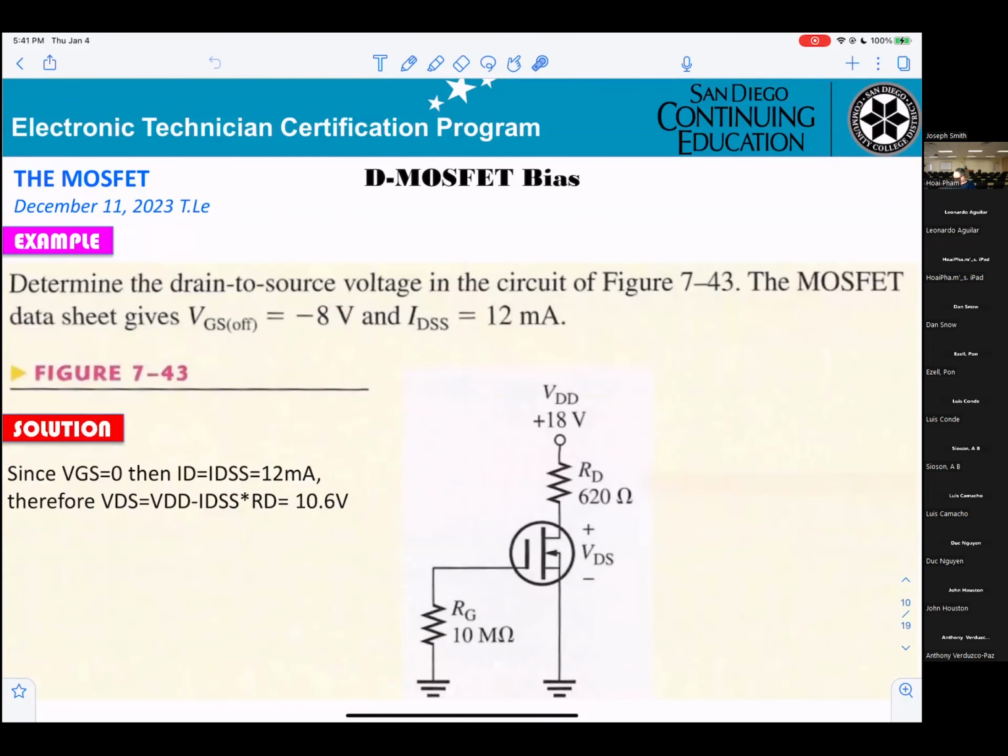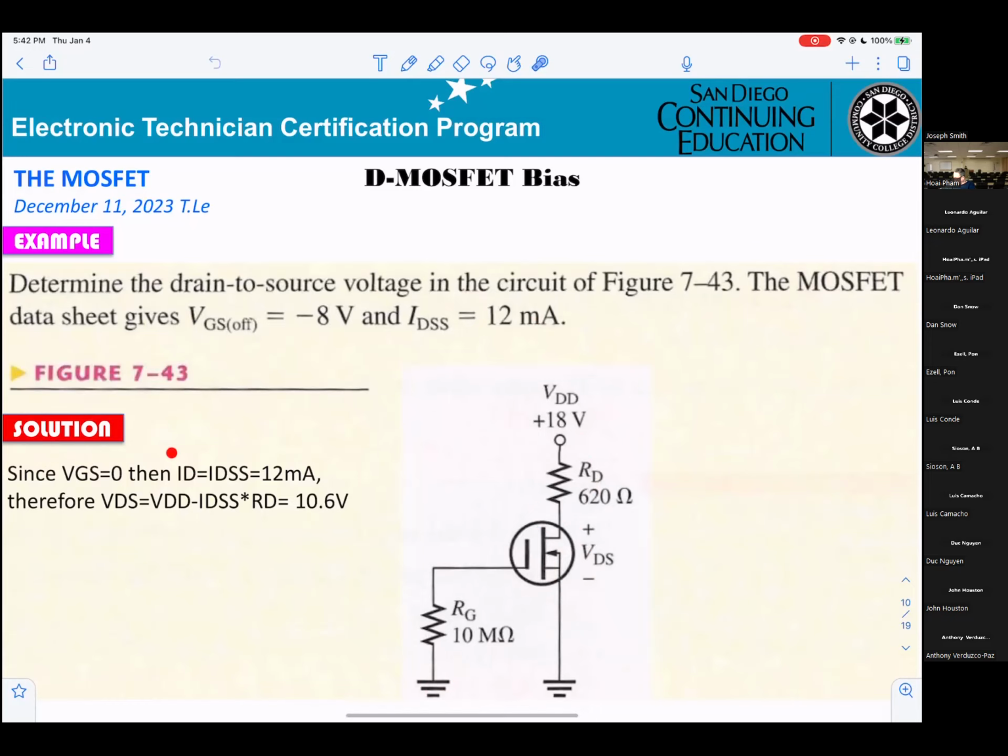Okay, example: determine the drain-to-source voltage in the circuit. In this circuitry here, the MOSFET data sheet gives VGS(off) equal to minus some value and IDSS 12 milliamp. Okay, on this one, since VGS equals 0, ID and IDSS are the same in the JFET or in the D-MOSFET.